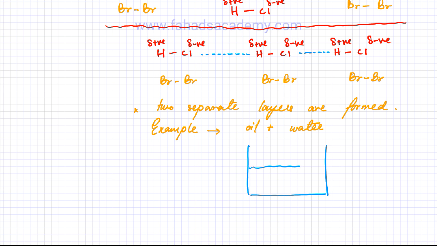And since the water molecules are attracting each other very strongly, these molecules will have strong intermolecular forces. They're polar solvents. This is water. And since they're attracting each other, they're going to be grouped together. They would be very close to each other and they're going to form a separate layer. And oil would be pushed aside. So if you mix them temporarily, they're going to separate again due to the strong intermolecular forces present in water, and they're going to form a separate layer back again.